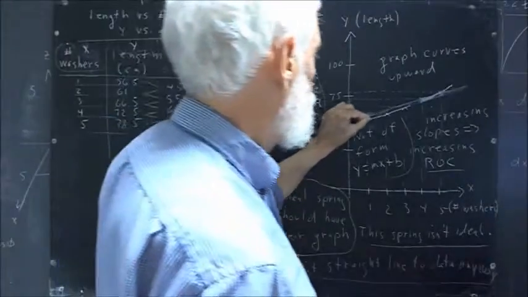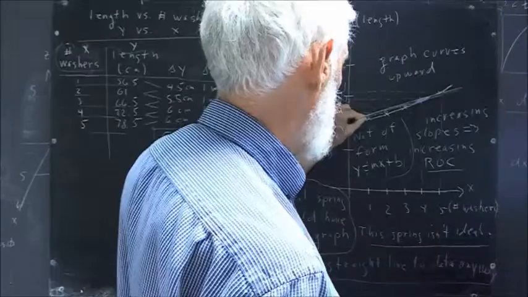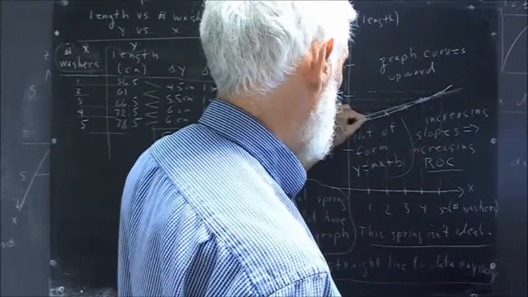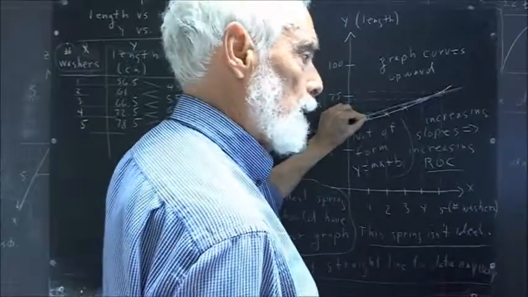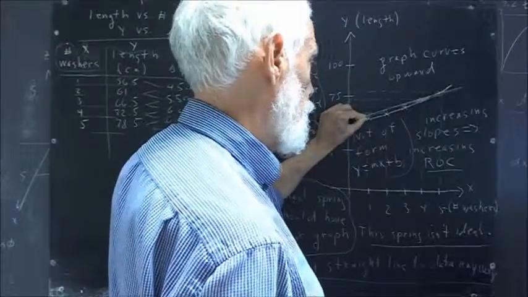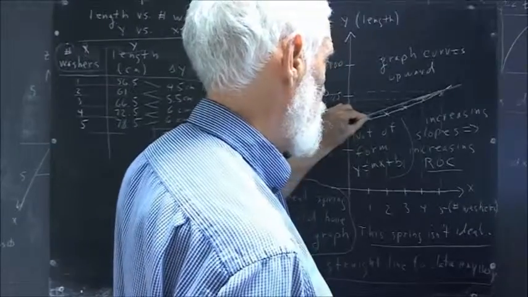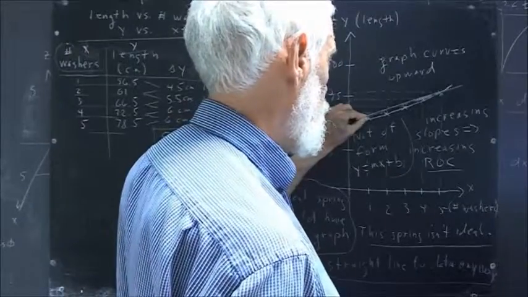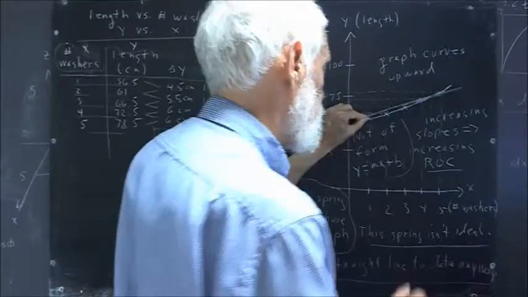We can get closer to the data points on the average if we fudge a little bit with the direction of this line. Now, I'm not sure I've got the perfect straight line, but I'm eyeballing this. I'm trying to get as close as I can on the average to the points that I've marked on this graph without actually going through any of the points.